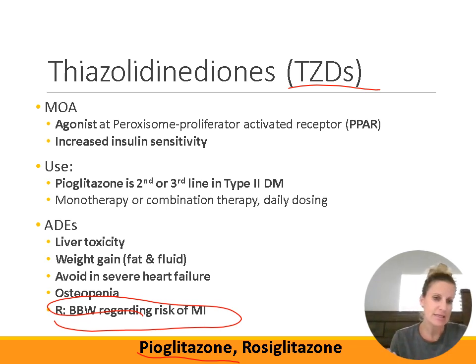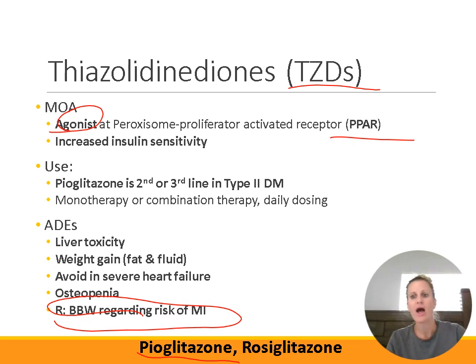So TZDs are agonists at PPAR. PPAR is peroxisome proliferator activated receptor. This receptor regulates insulin sensitivity in various different tissues.